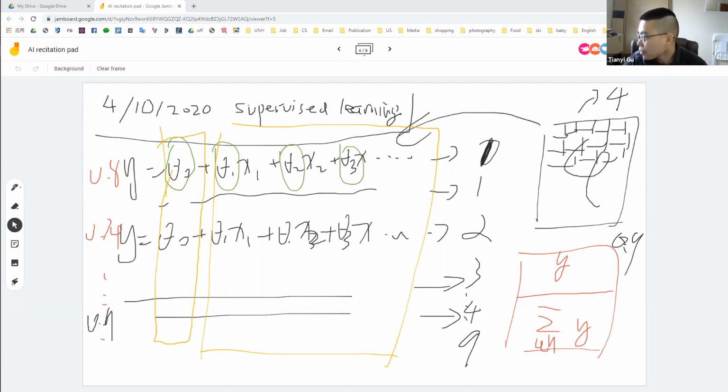Any other questions? Actually, there are only 196 values, 14 by 14 images. So you have to train 197 thetas, 197 coefficients for your LMS.